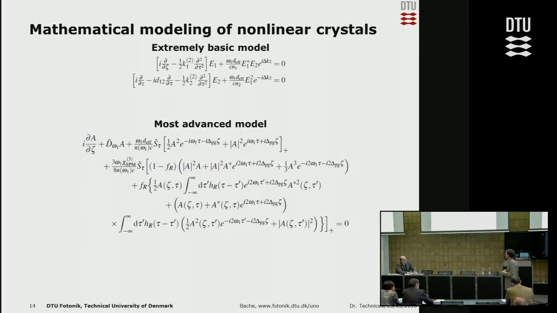And how long is the crystal? 10, 20 millimeters. So I am fortunate enough that I don't have to model 10 meters of fiber. But this is also because we need here to have a time resolution of roughly 20 points in 1 femtosecond in the time grid.